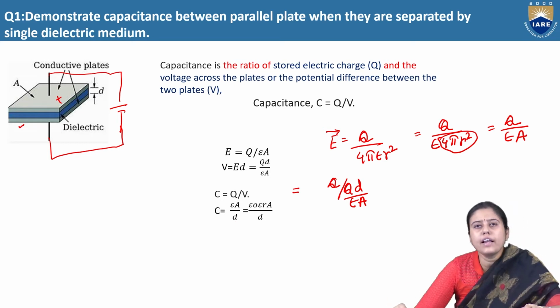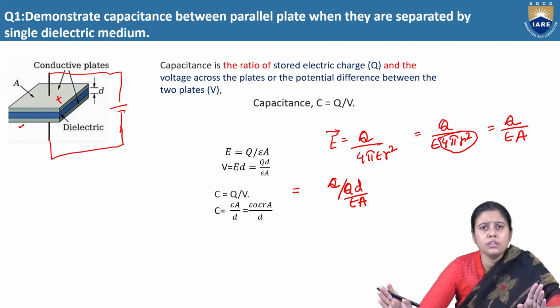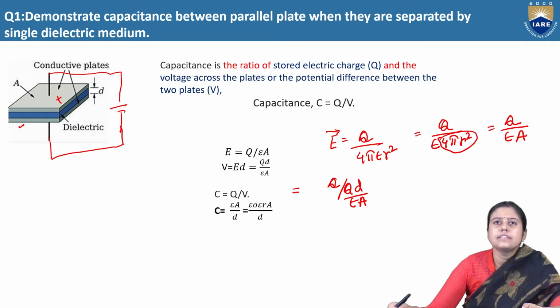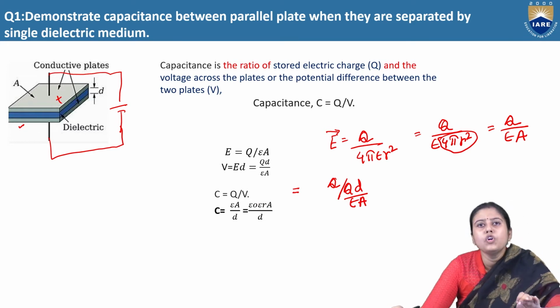And what is epsilon? Epsilon is nothing but the permittivity of the medium, and epsilon equals epsilon 0 epsilon R. Epsilon 0 is the permittivity of free space, epsilon R is the relative permittivity. So, if we have two dielectrics, what will happen?